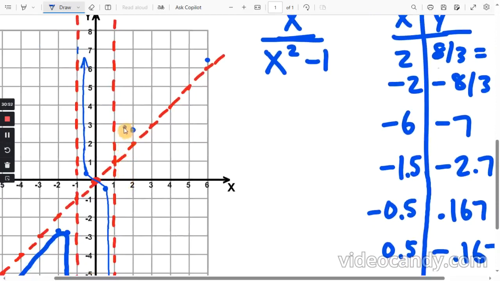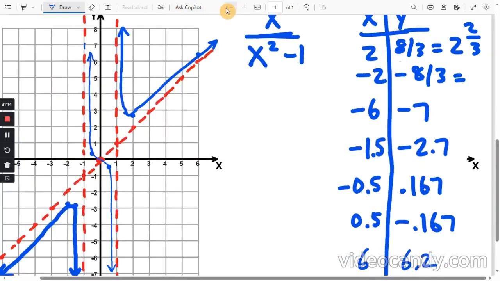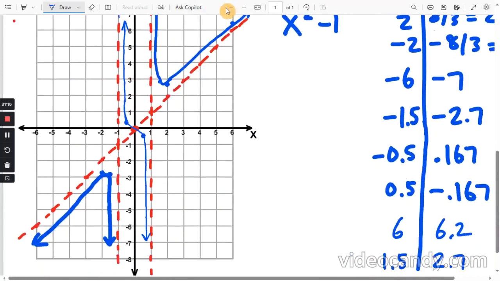And what was this point at 2? That was 2.67, and this is 2.7. So it is going up, and right here, it basically turns around like so. It approaches the asymptote, but never reaches it. Pain in the neck, but that's basically it right there.